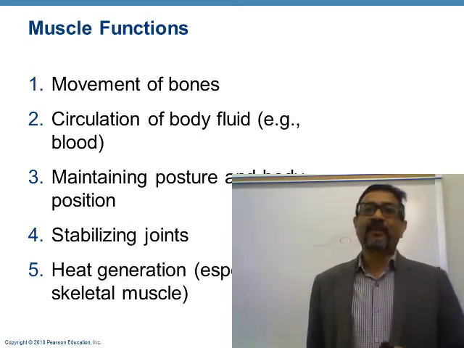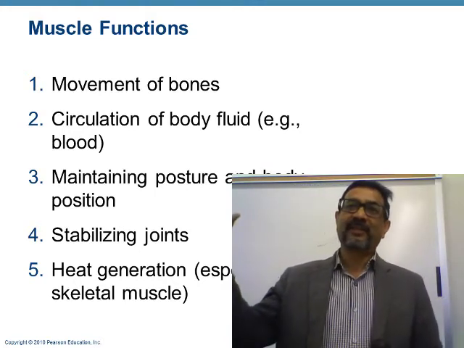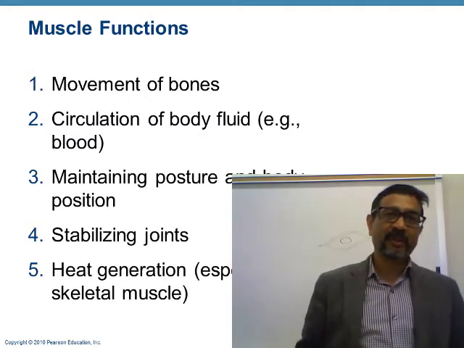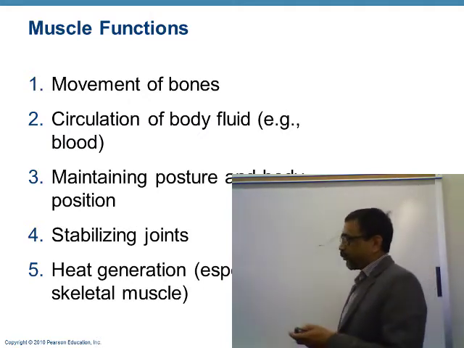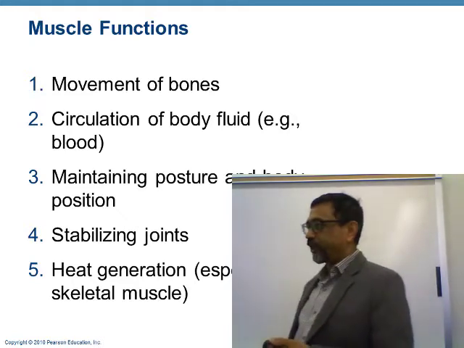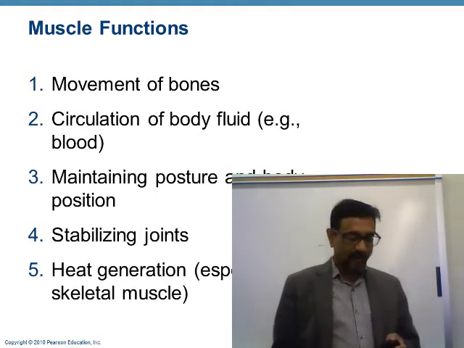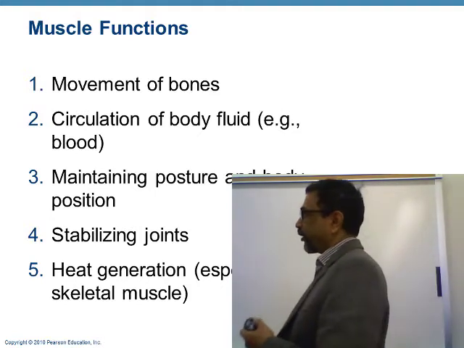The best example is your heart muscle contracts and relaxes, and that circulates the blood throughout the body. You know that. Maintaining posture and body position. By contracting and relaxing different muscle groups, we maintain our posture or body position.